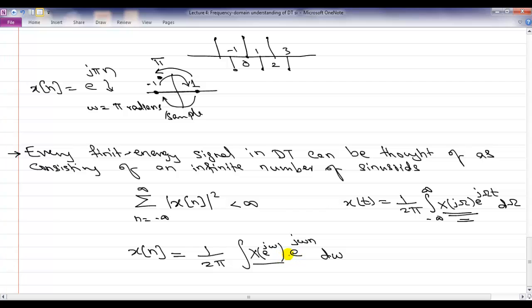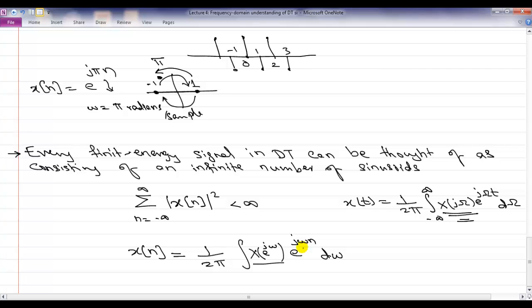The reason we write it as X of e to the j omega is to make it clear that this is for the discrete world. Because remember, capital omega and little omega are just dummy variables. And we'll be doing examples where we'll be mixing continuous and discrete Fourier transform. So we really need to have a way of using different notation for the two.